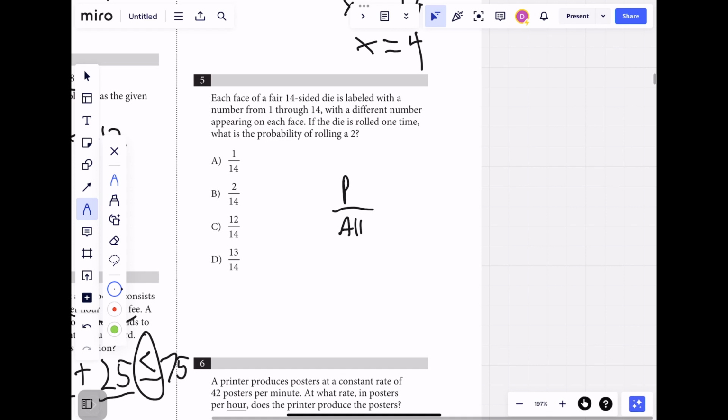I don't know the best way to explain this, but in this case, the probable solution is just 2, so there's only one solution that it's asking for, and there are 14 things that it could be. So the probability is 1 over 14. There's a 1 in 14 chance of you getting a 2.